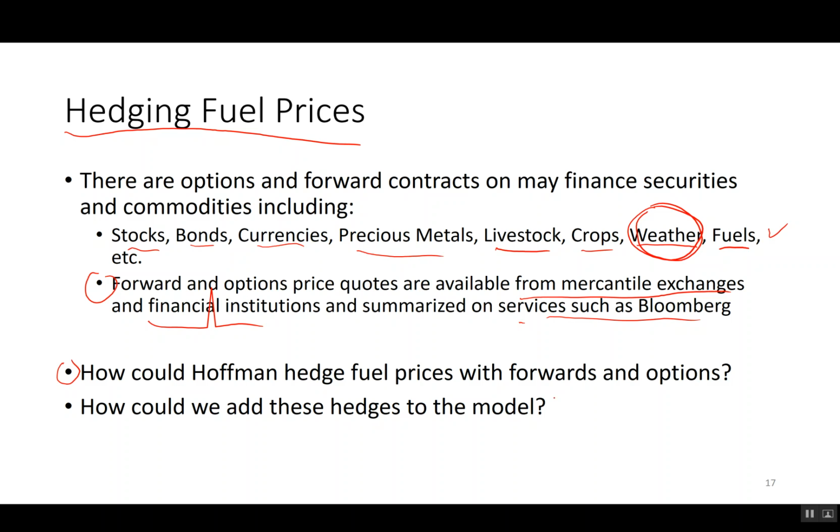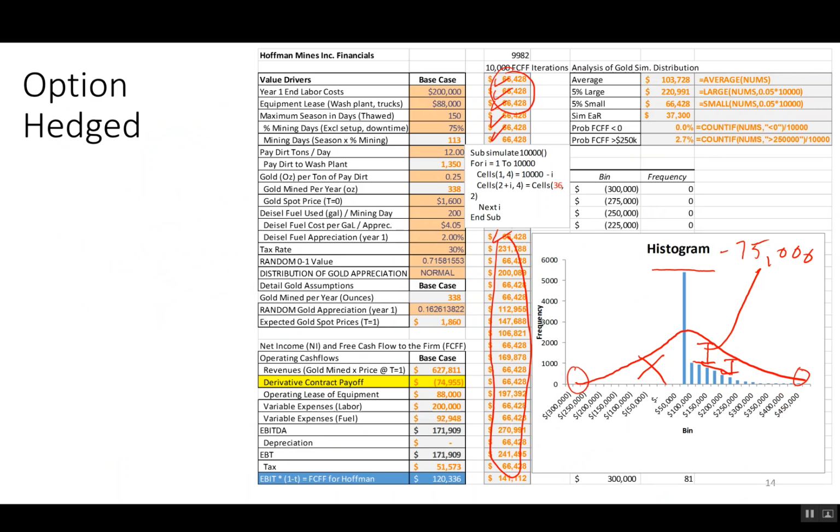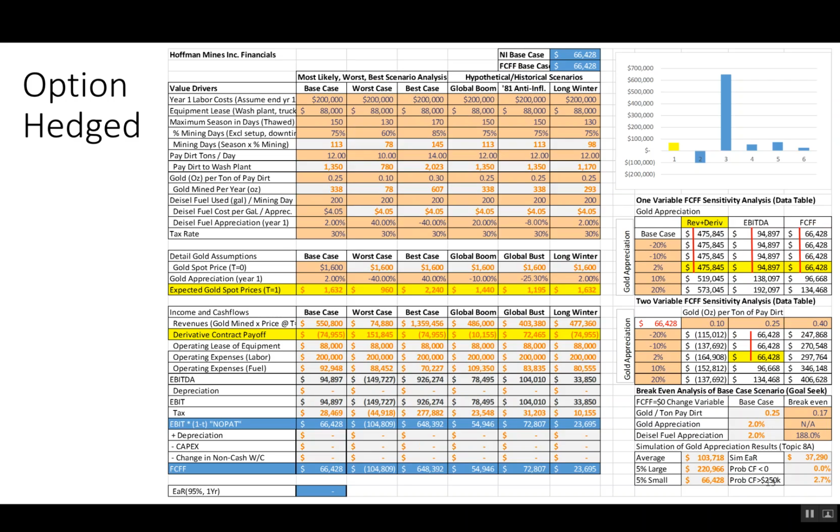How can we add this to our model? Well, we can just go back to our model, and right in here, we can just put the payoff of a call option or a forward contract in which they're buying fuel. So again, if it were fuel, I would just do the payoff of a long forward where I'm buying fuel, which would be ST minus the forward price.